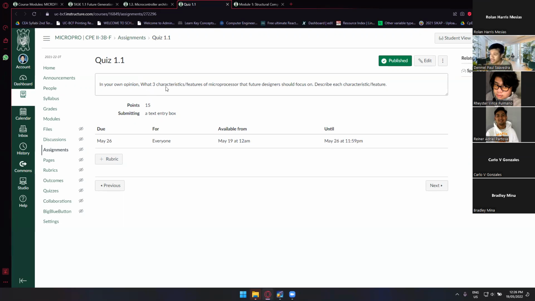So what are the characteristics or features of microprocessor that the future designers should focus on? So describe each characteristic or feature. Okay, so this is a text entry box. So just start using the button right here because it's not a file upload, and then type everything.